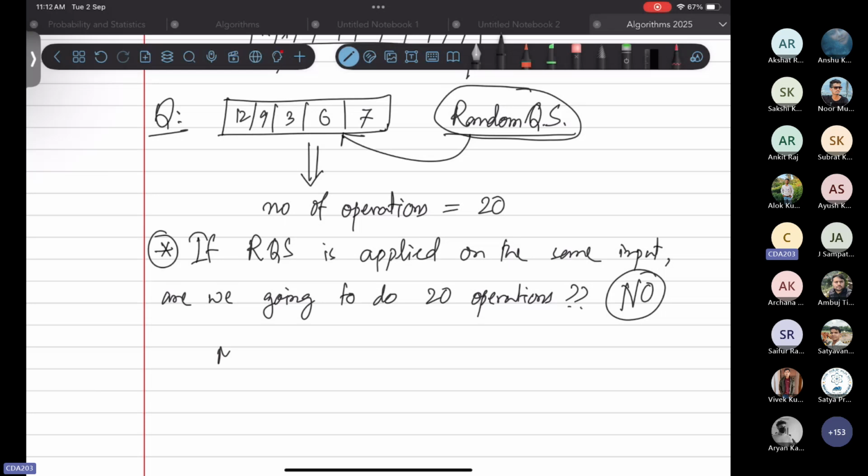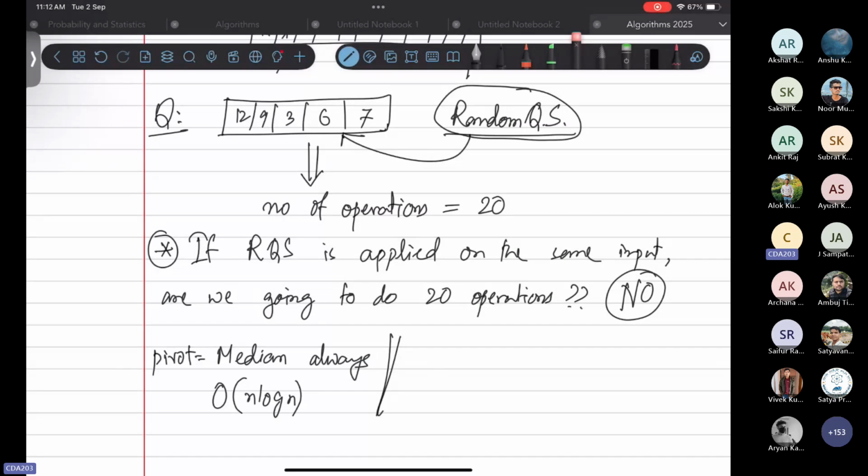Pivot becomes median always. Then I know its running time would be something like n log n. But since I don't have any control over the choice, sometimes I get a bad pivot.